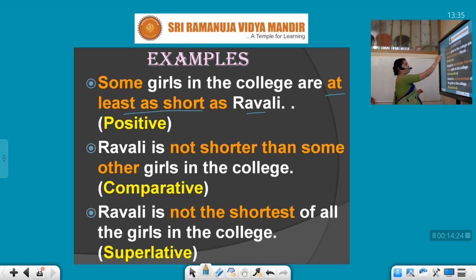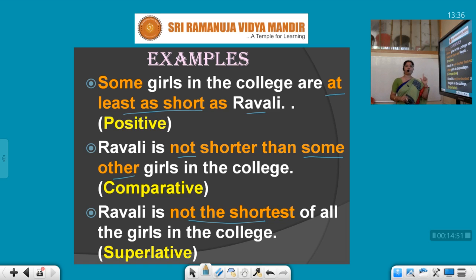So Ravali is not ultimate, she's one among. Here, Ravali is not shorter than some other girls in the college. Okay, so she's not short, she's not tall. Ravali is not the shortest of the girls in the college. So this is the fourth rule.